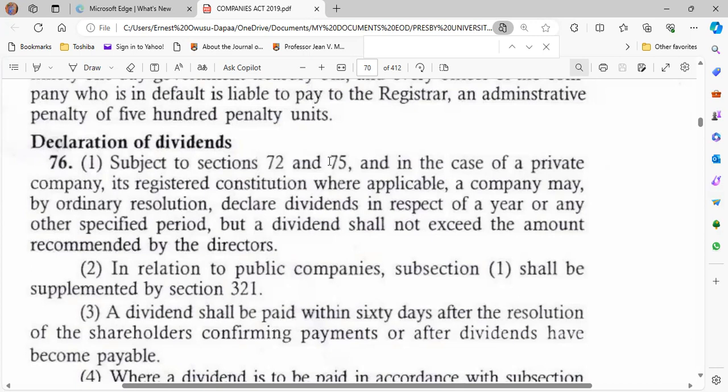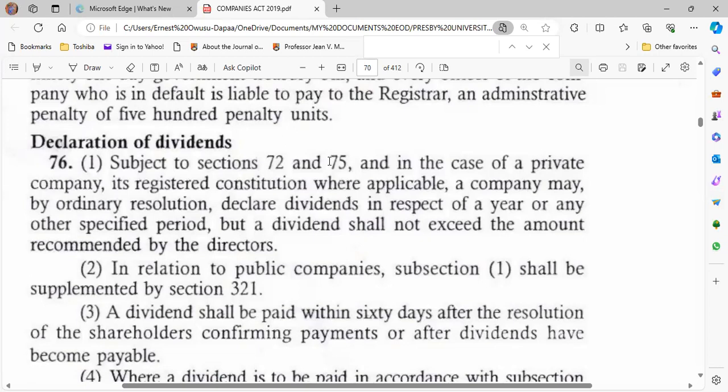Two, when dividends are to be declared, they are declared in respect of a particular year or a defined period. Dividend is always referable to a particular time frame, either a particular year or biannual or whatever. So that is the point.